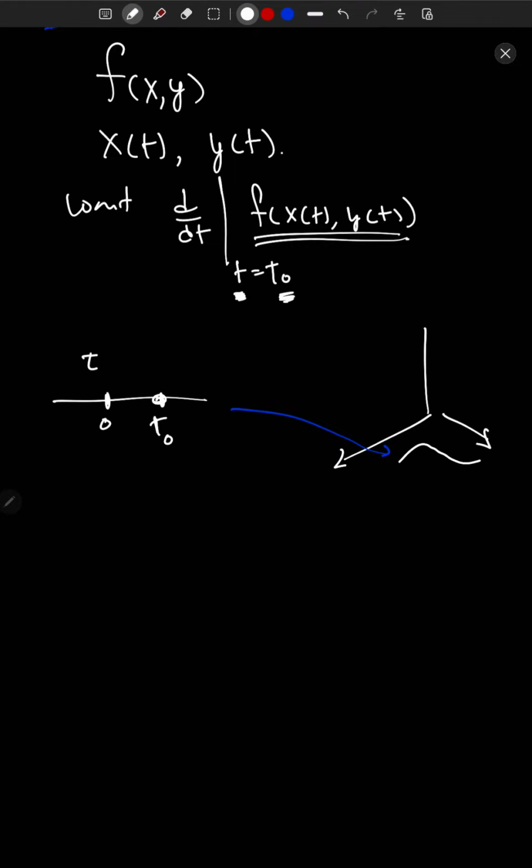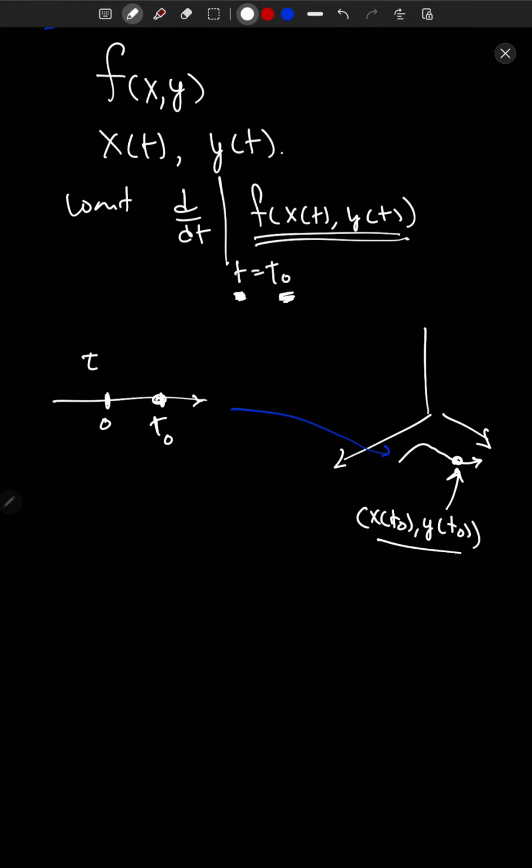And t naught goes to a particular point over here. What is that point? That's x of t naught, y of t naught. That's where we are at time t as we travel along this curve, if we think of this as motion.